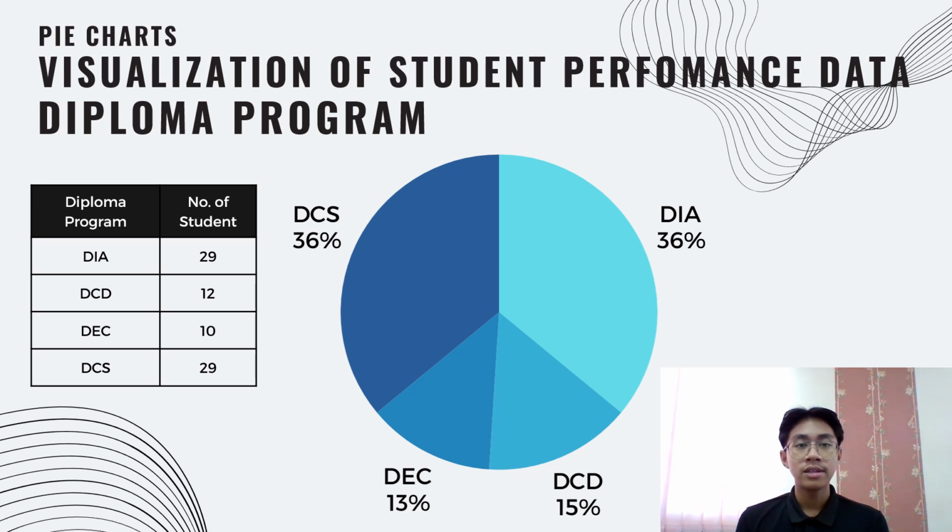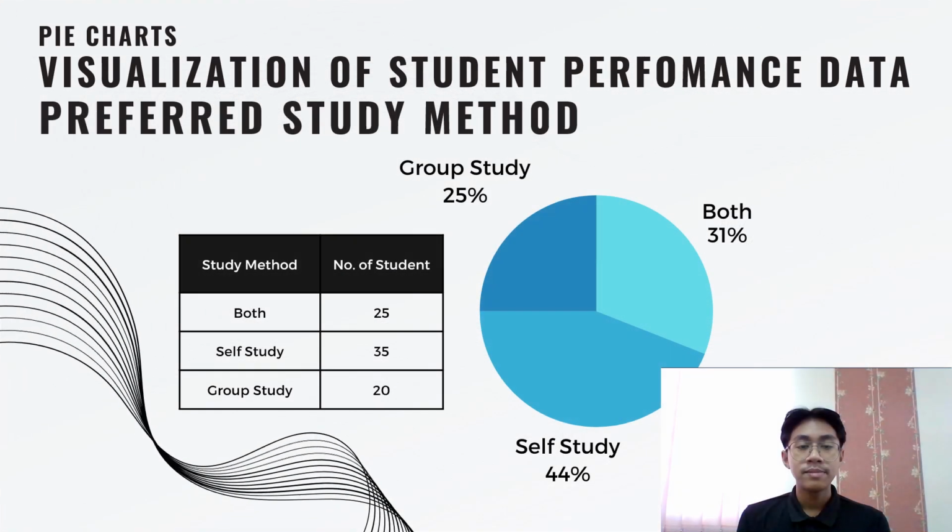This pie chart shows the distribution of students across the four diploma programs mentioned earlier. It highlights how students are spread across various academic fields at KPM Indra Mahkota. This pie chart visualizes the different study methods preferred by students.